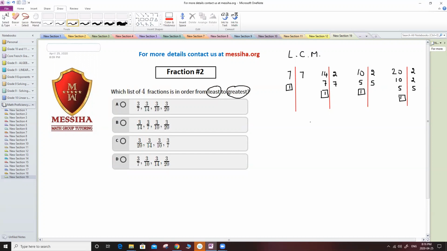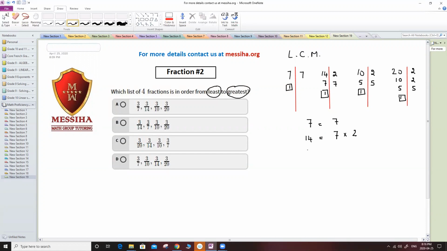Now, to find the lowest common multiple, I write it this way. 7 equals 7. Very easy. The 14 equals 2 times 7. I cannot add the 2 under the 7. It should be the same number to create a standard column with the same number. So I'm going to make it 7 times 2.